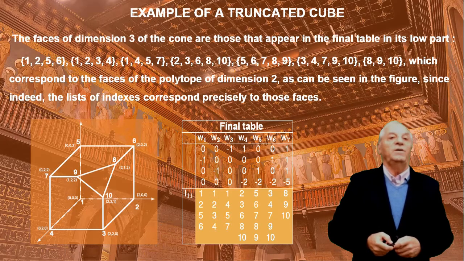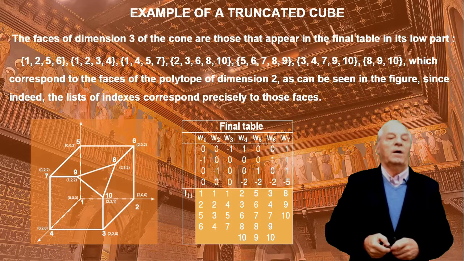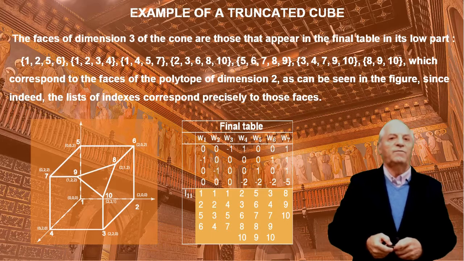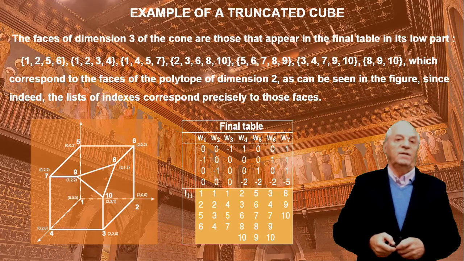The following face is 2, 3, 6, 8, 10, corresponding to the face on the right, and is a pentagon. The following is 5, 6, 7, 8, 9, corresponding to the top face, and the last is 8, 9, 10, which corresponds to the triangle. All this looks like magic and is very interesting.